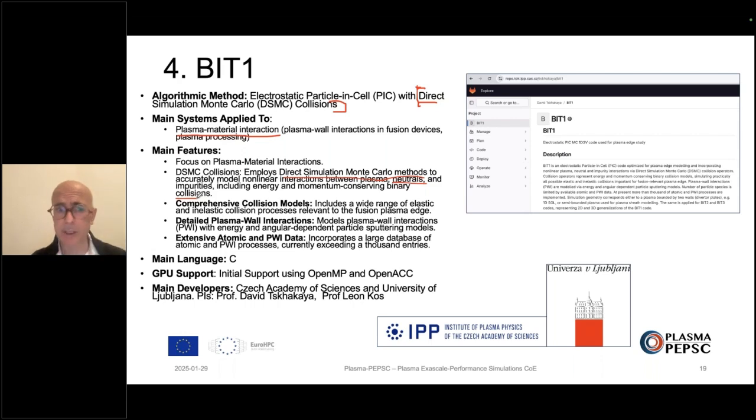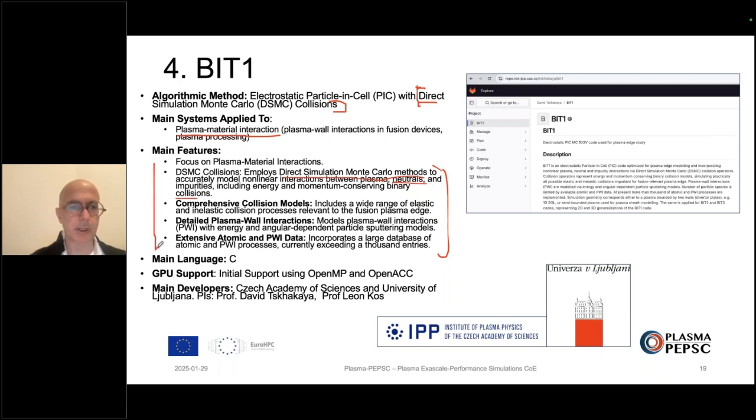It has very wide and comprehensive collision models, a wide range of elastic and inelastic collisions. It has very detailed plasma-wall interaction models, and uses extensive atomic and plasma-wall interaction data. That is an extremely unique and extremely beautiful feature of the code.